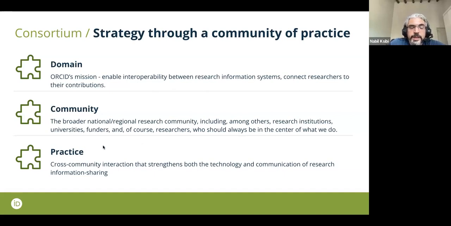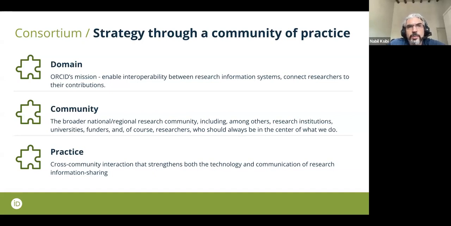In terms of community, the broader national and regional research community is very welcome and already part of the ORCID, let's say, family. We are not targeting any particular field, discipline, or stakeholder.